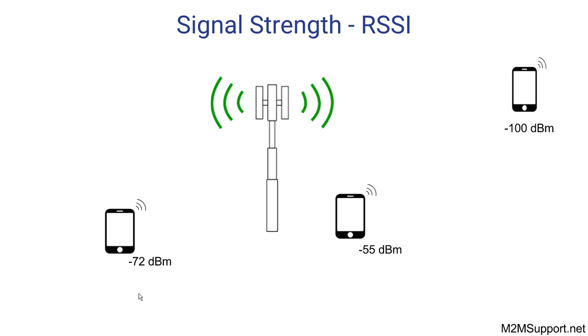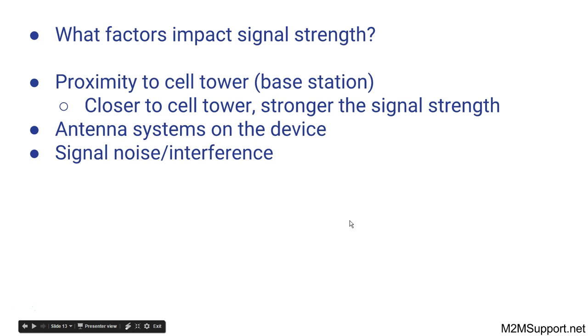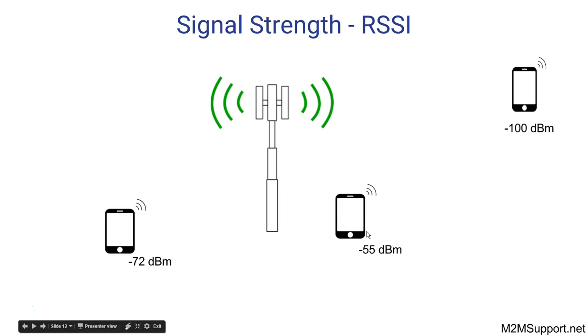From a practical standpoint, in a radio network you have a cell tower, and depending on your location and proximity to the cell tower, your signal strength is going to vary. In the case where the device is closer to the cell tower, say minus 55 dBm, it indicates a good signal strength.